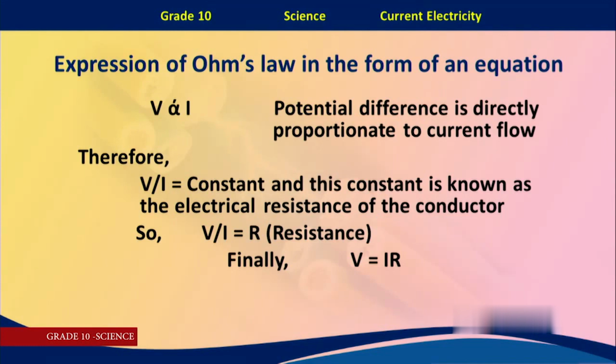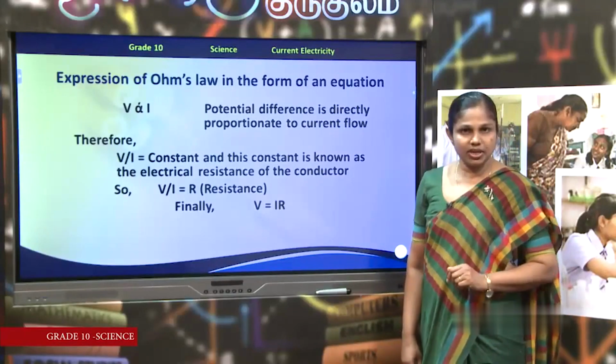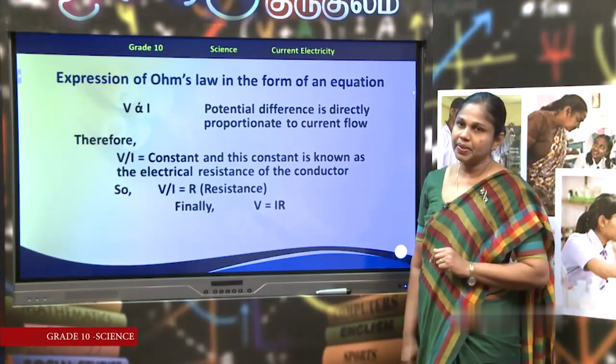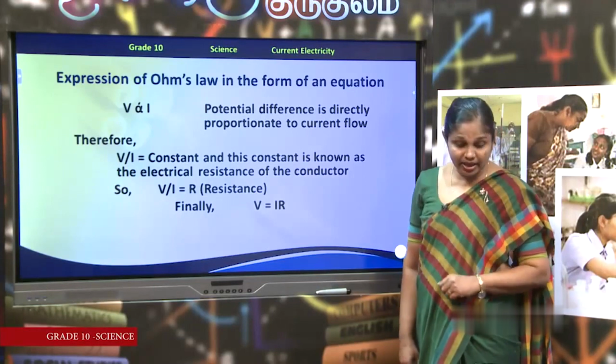What is this constant? V over I equals R, that is the resistance. That means we can write V over I equals R. Finally, V equals IR. This is the equation derived from Ohm's law, children. V equals IR.